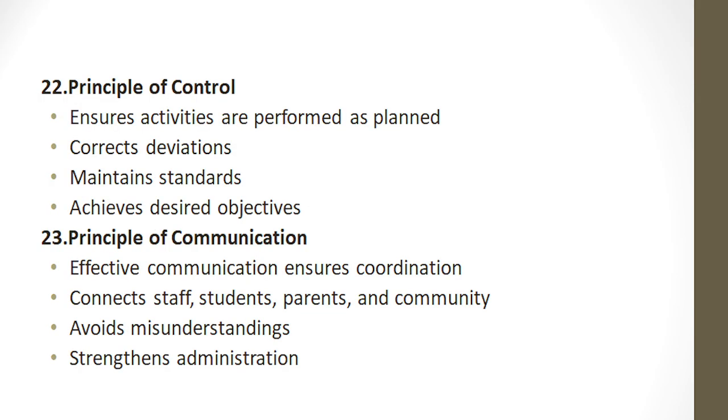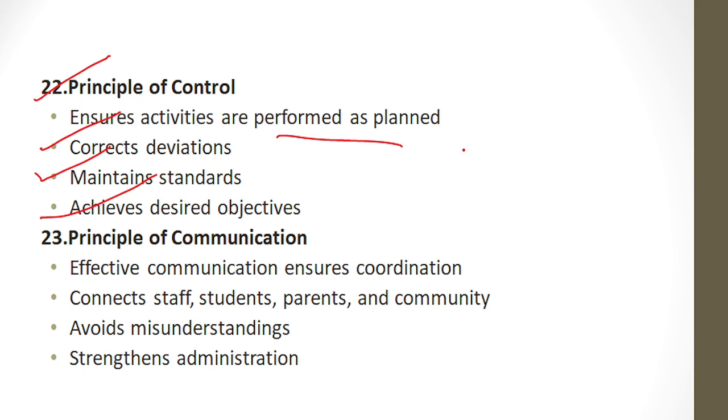Then is the principle of control. It ensures activities are performed as planned, corrects deviations, maintains standards and achieves the desired goal. See, control is very important. Whatever activities are going on at any institution level, we have to check that.